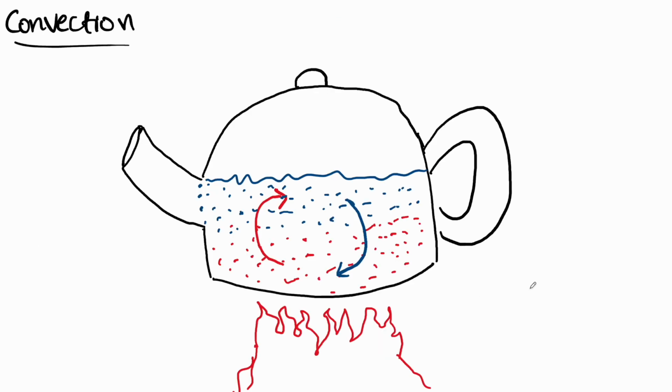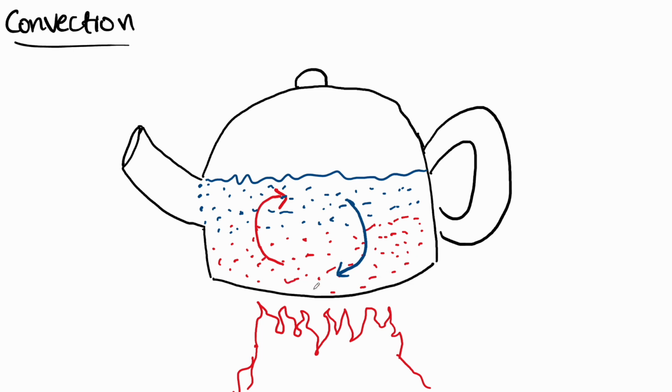Then we have convection. I've drawn here a kettle because I like my tea. So we have another heat source here, another fire, which warms the particles in the water right at the bottom of the kettle.